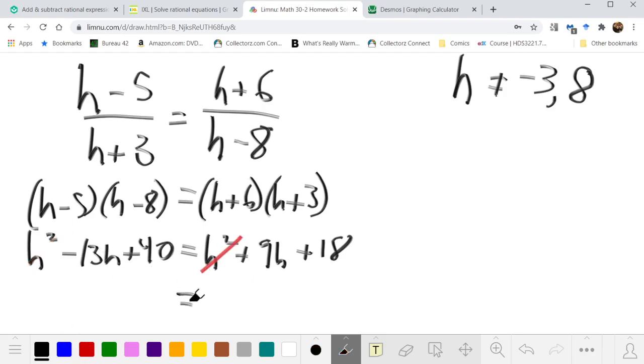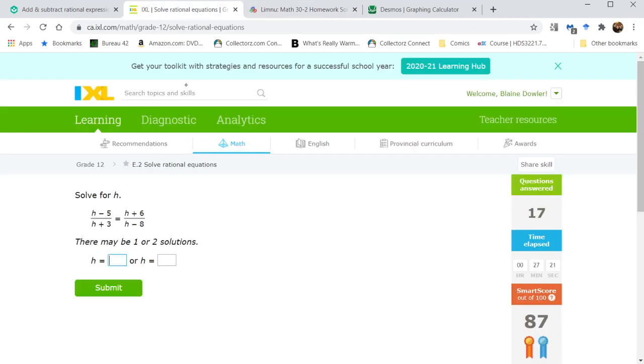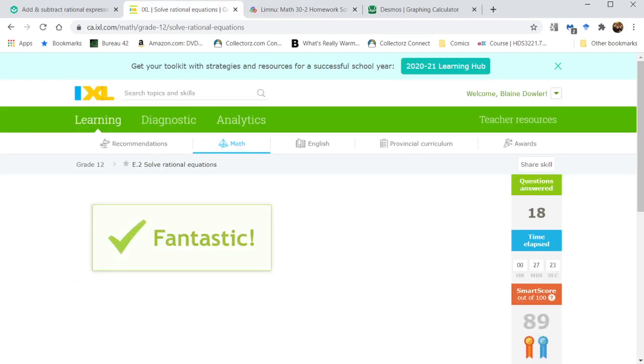Again, personal preference, I'm going to move our variables so that we have the positive coefficient on the right. That gives us a 22h on the right and just a simple 22 on the left. So h is 1. It is one of our permissible values, and negative 4 over 4 is a negative 1. 7 over negative 7 is a negative 1. It is easy to check and verify.